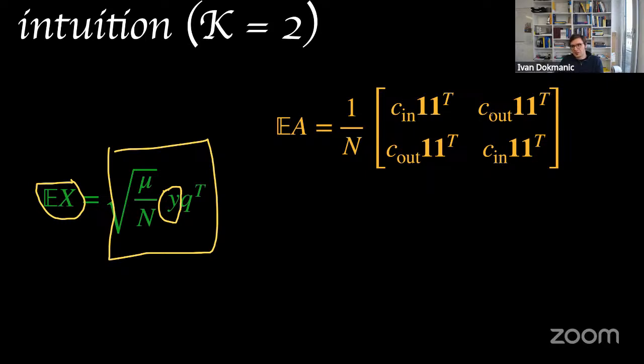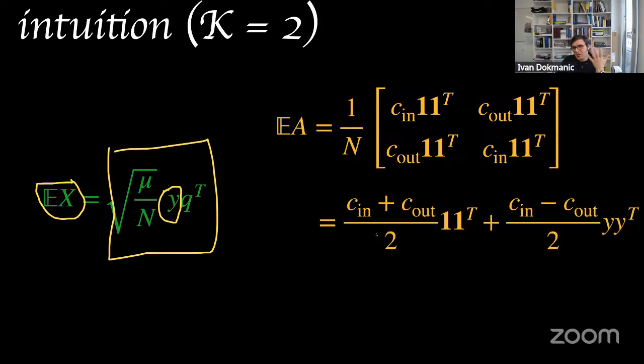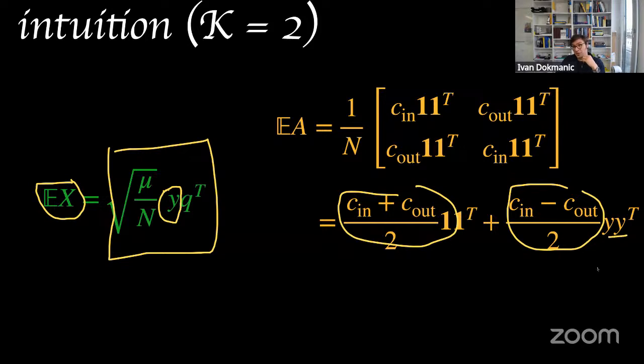The off-diagonal blocks tell us about the out of community connections. The diagonal blocks are inside community. You can see that this is a simple rank 2 matrix. There's a top eigenvector that's not very informative, just a constant eigenvector, and then we have something that also has labels in its column space. So we can subtract this first eigenvector. I call this E, the expectation of A bar, that's only about labels.